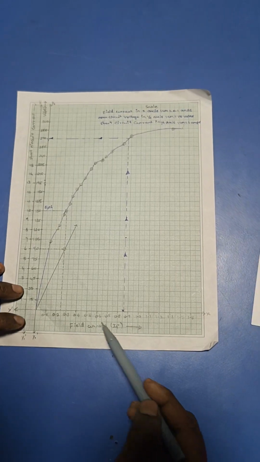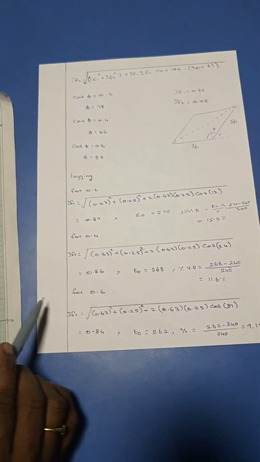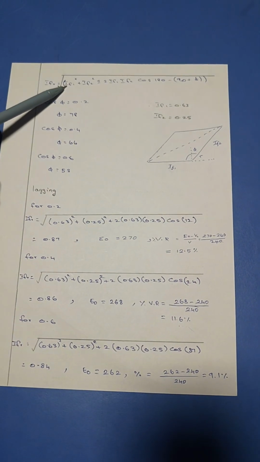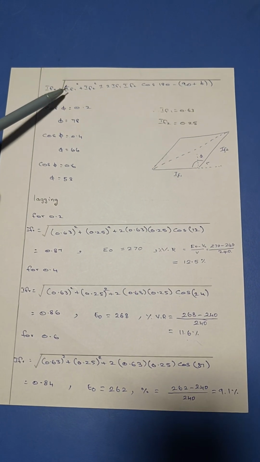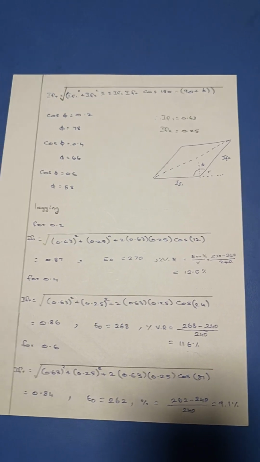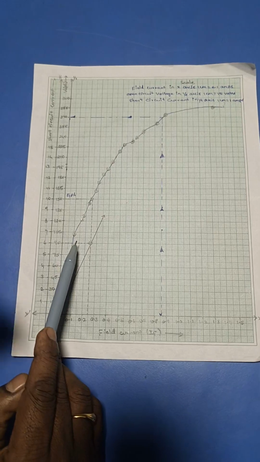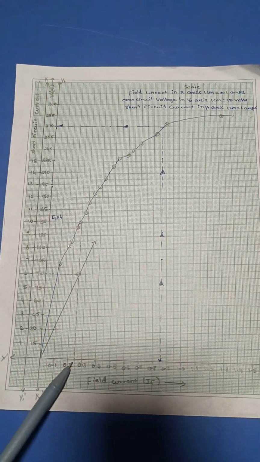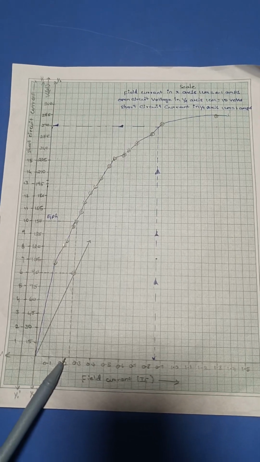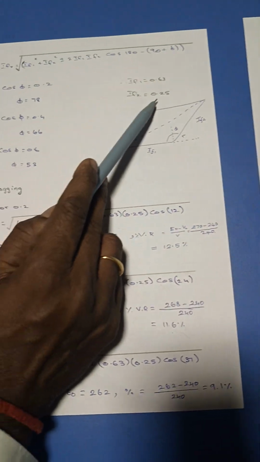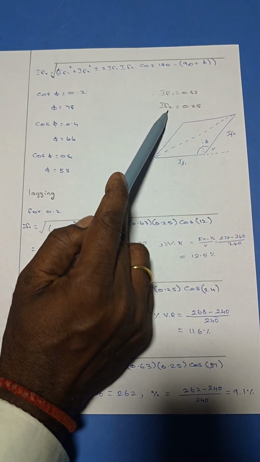So we are going to take it as IF1. That is 0.63 nominally. Then, coming to the short circuit rated current, the corresponding field current is 0.25. We are going to take that 0.25 as IF2.